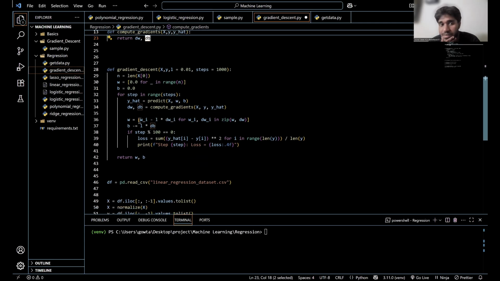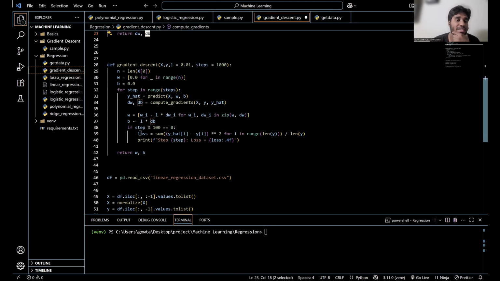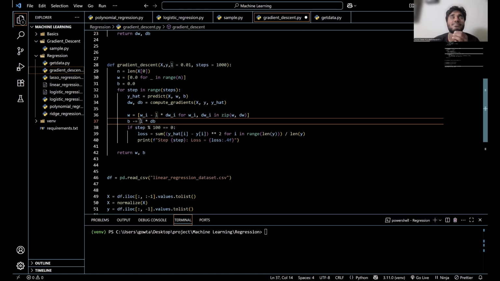Then we decrease the value of w by the gradient times the learning rate, and we decrease the value of b by the learning rate times the gradient of b.